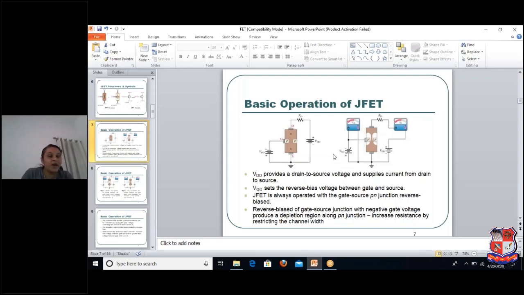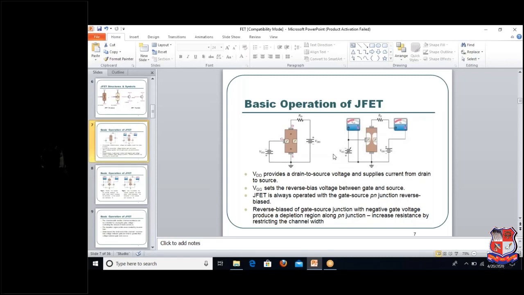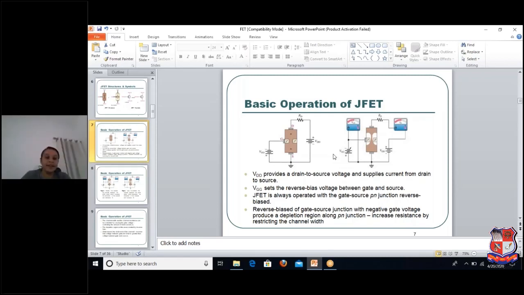Whenever we discuss the BJT, BJT has two characteristics. Which ones? Input characteristics and output characteristics. Just a minute, I will click the photos. Okay, thank you.